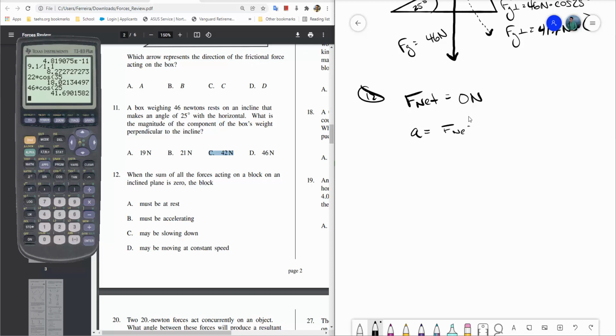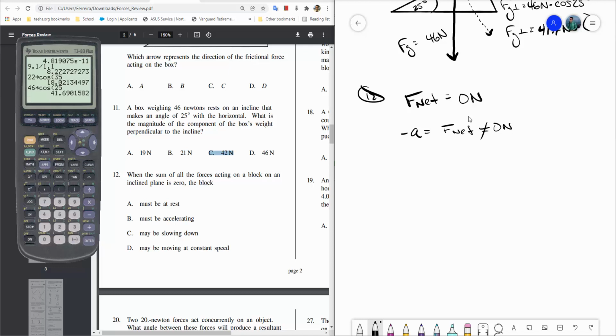F net cannot equal 0 if things are accelerating. So it can't be B. Maybe slowing down? No, because that means it's decelerating. Choice C basically says you have a negative acceleration, you're decelerating, which doesn't work out either.